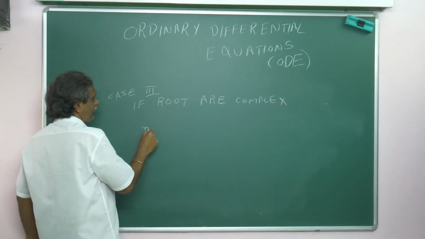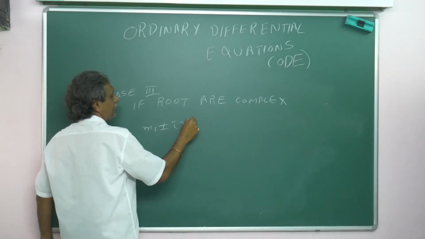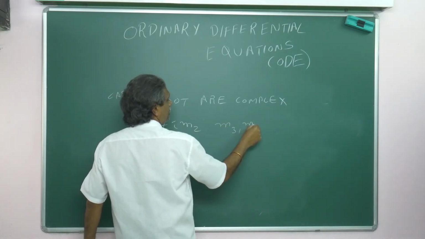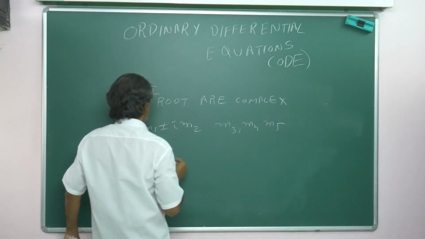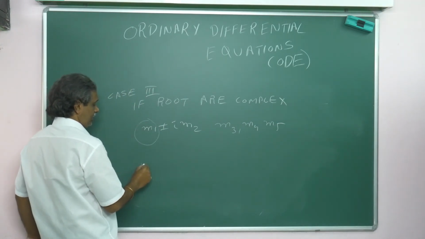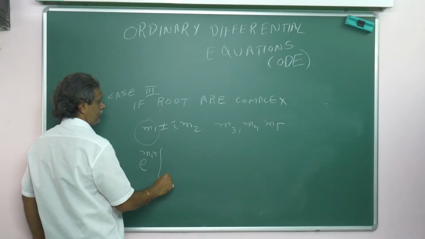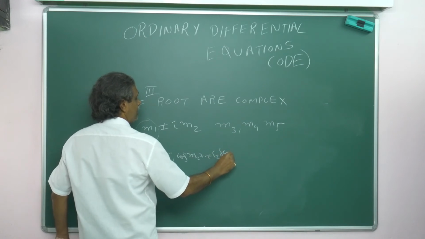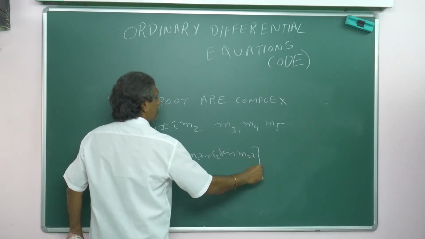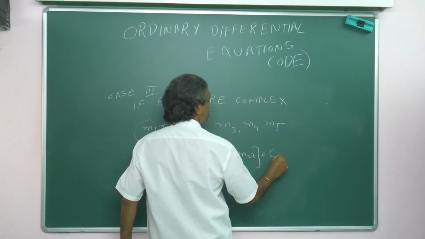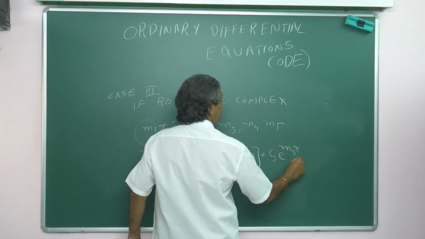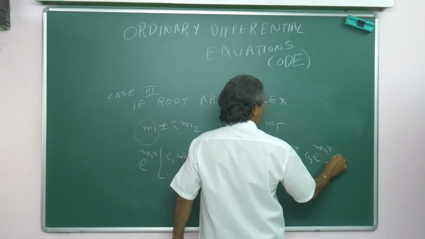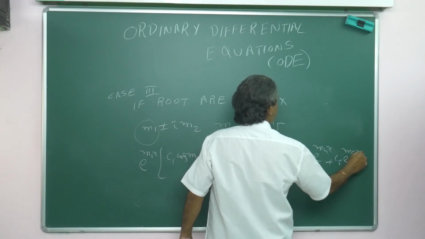You may get m1 plus or minus i m2, then m3, m4, m5. See here, m1 is the real part. You can write e to the power of m1x (C1 cos m2x plus C2 sin m2x). Then C3 as usual: C3 e to the power of m3x, C4 e to the power of m4x, C5 e to the power of m5x.